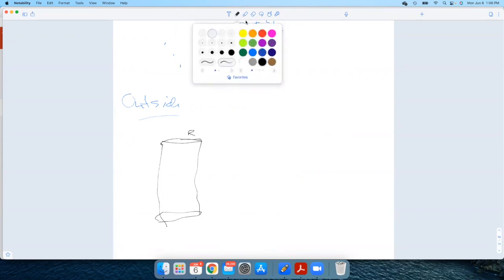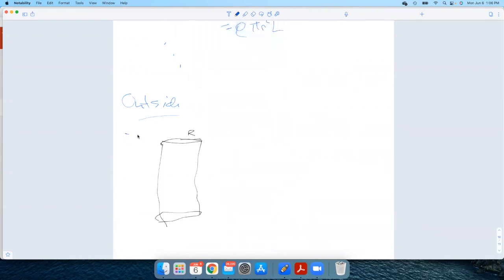Okay, then outside. So I've got my cylinder of radius capital R. It's infinite. My Gaussian surface now is going to live outside of my charge distribution. So I'm going to have a brand new picture here, little r bigger than big R. I want to draw it in here.